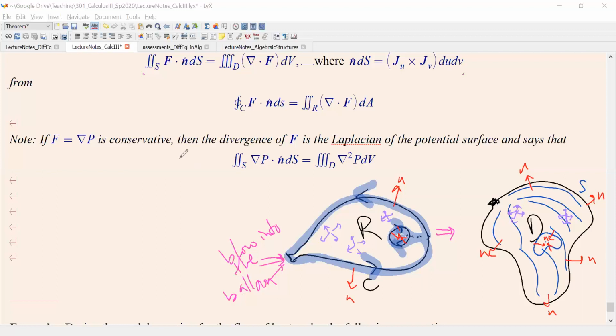Okay, so now I want to end with an example of how we can derive an equation to model the flow of heat from a domain, a solid, based upon this divergence theorem. So I want you to imagine that this balloon that we inflated, even perhaps with a little nugget inside, is a solid body. And we want to measure how much heat is flowing out of that body.